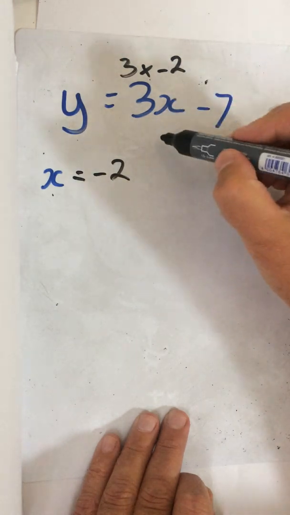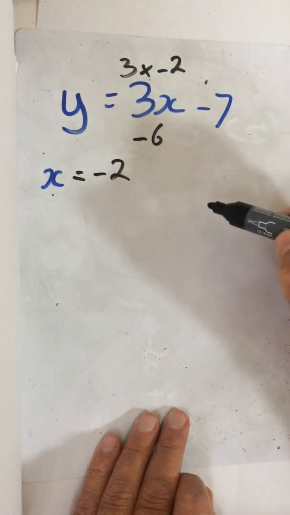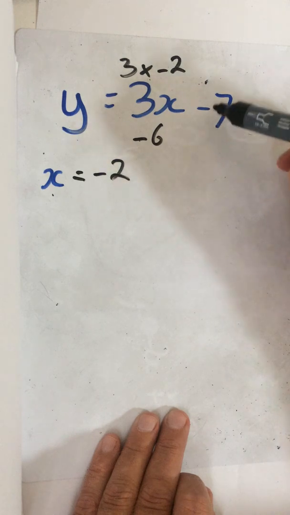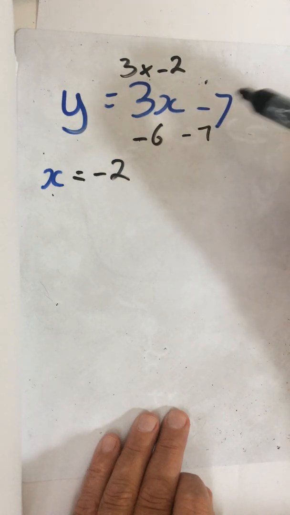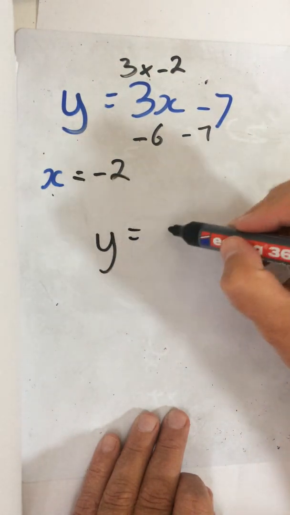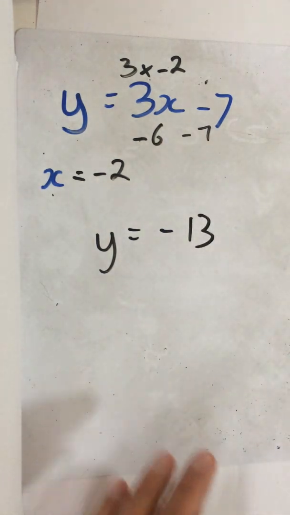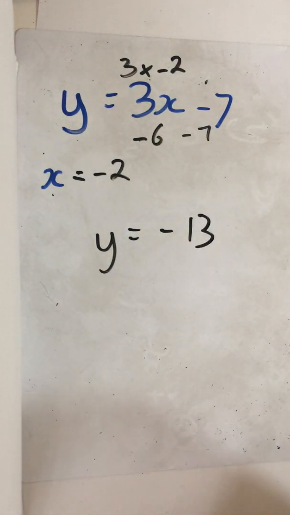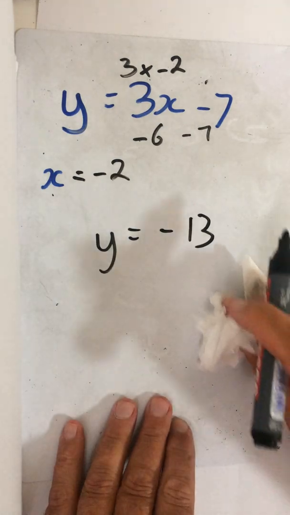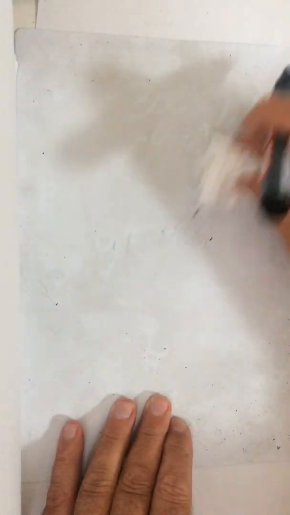So the answer to this part of it is minus 6. So it becomes minus 6 minus 7. y is equal to minus 13. Okay, so we need to be really careful with those positive and negative numbers. I'm not going to spend too long on positive and negative numbers. If you're not too sure, you do need to get in touch with me and I'll give you some extra stuff to have a look at.